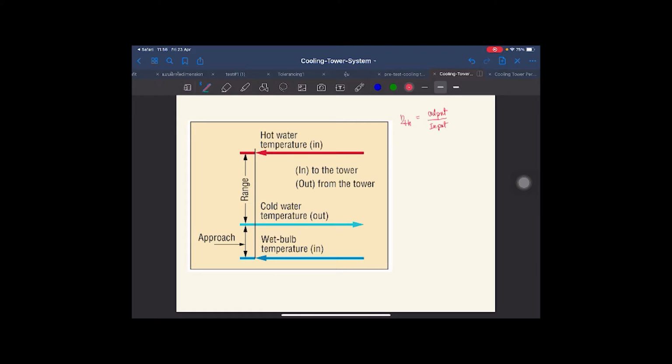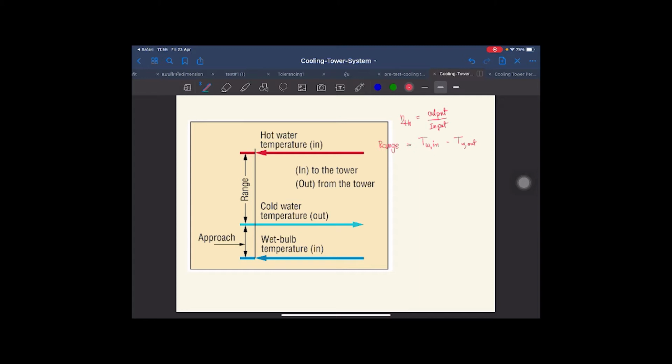Then the output is equal to the heat removed from the water, which we call the range. The range is the heat that we can remove from the water, so it is equal to the temperature of the hot water inlet minus the temperature of the water outlet. This is the difference between the inlet and the outlet of the water.